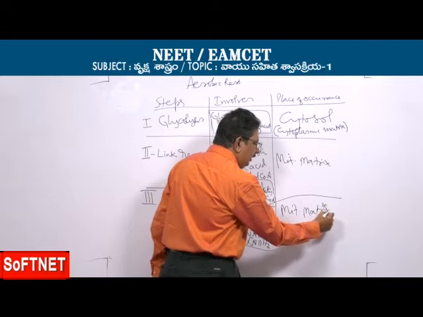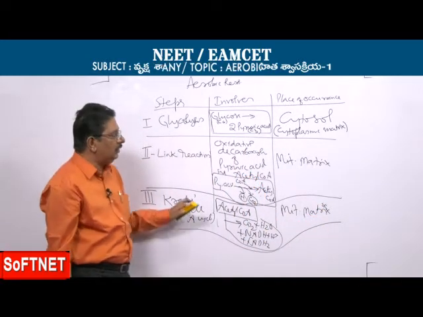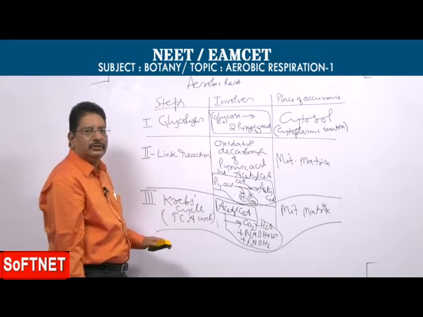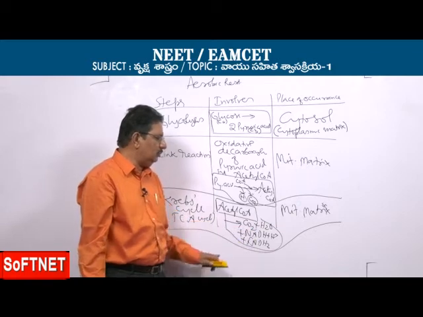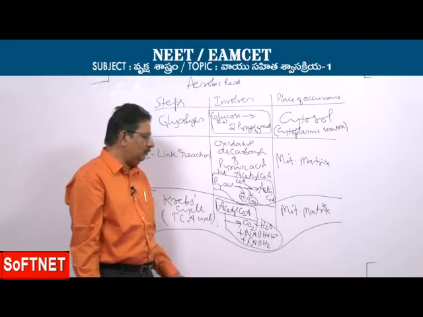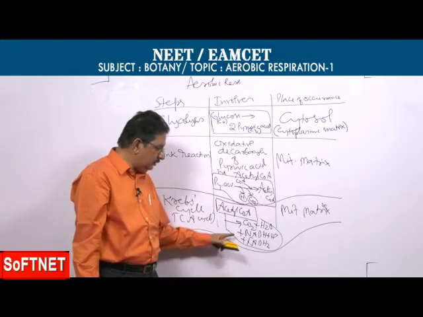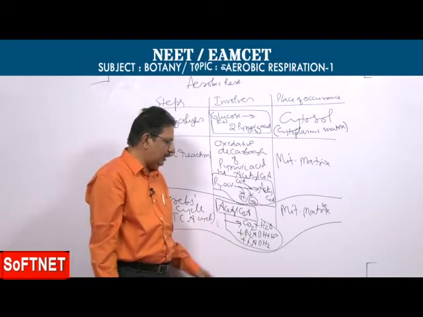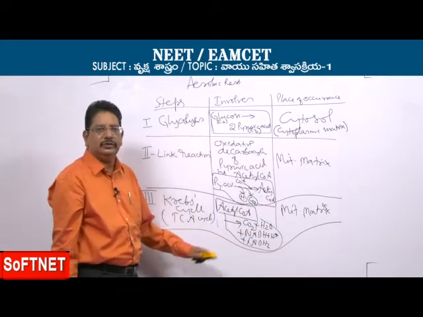So, two events in aerobic respiration occur in the mitochondrial matrix. Acetyl coenzyme A converts into CO2 and water along with the formation of some reduced coenzymes like NADH, H+ and FADH2.